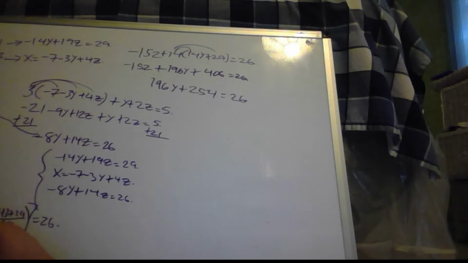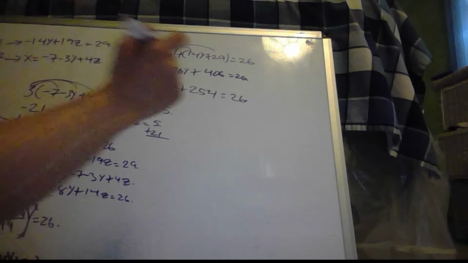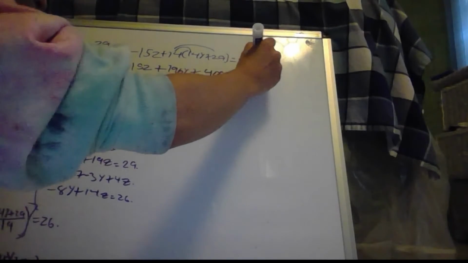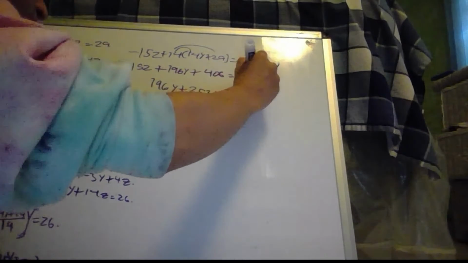Let's see here. Oh, and by the way, oh my goodness, when I multiplied by 19 to get rid of the fraction, I forgot to do the same thing on the right. This is supposed to be times 19.